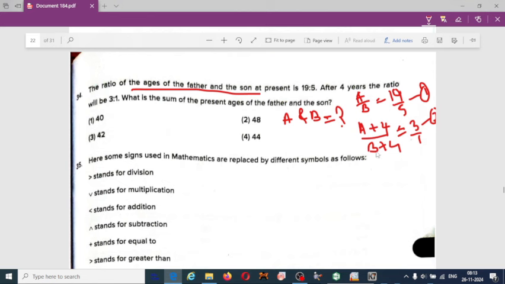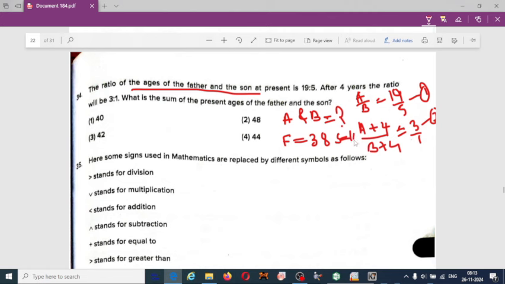So after simplification you will get the father's age as 38 and the son's age, that is B, equal to 10.